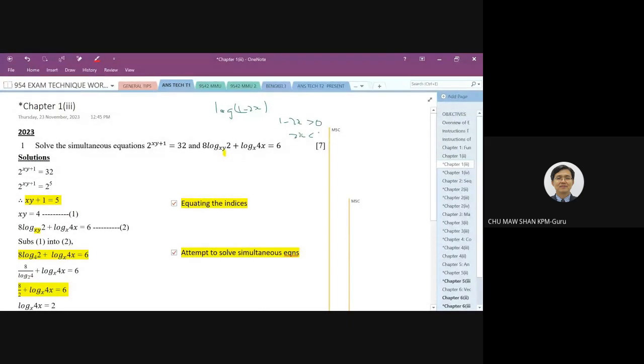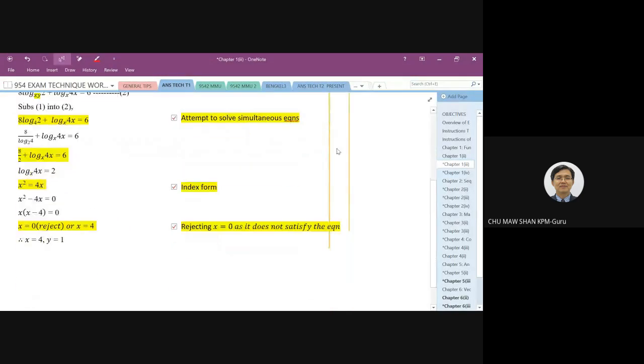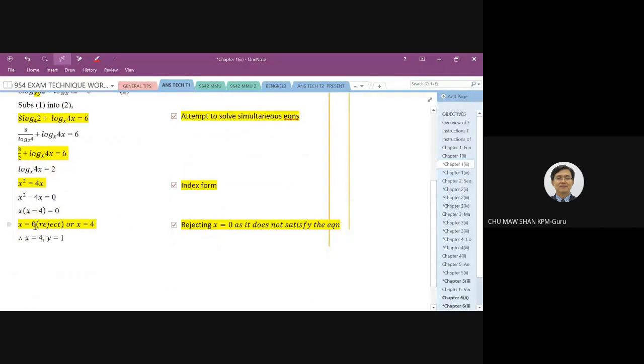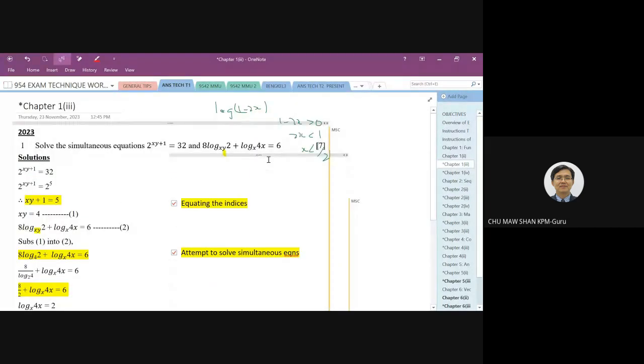Then 2x must be less than 1, so x must be less than 1 over 2. It can be negative. So don't misunderstand that we reject zero straight away, no. We reject it because it does not satisfy the function here, because log cannot take 0 or negative values. That is the reason.